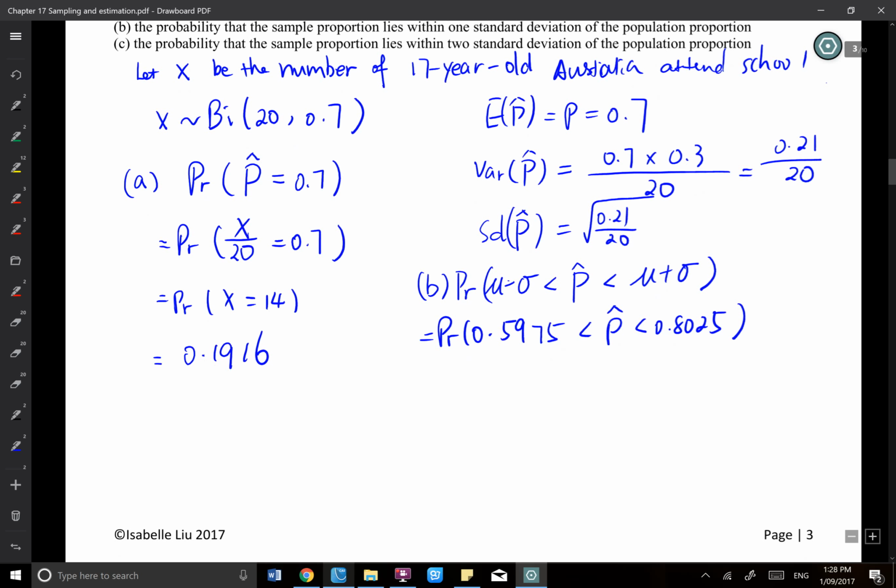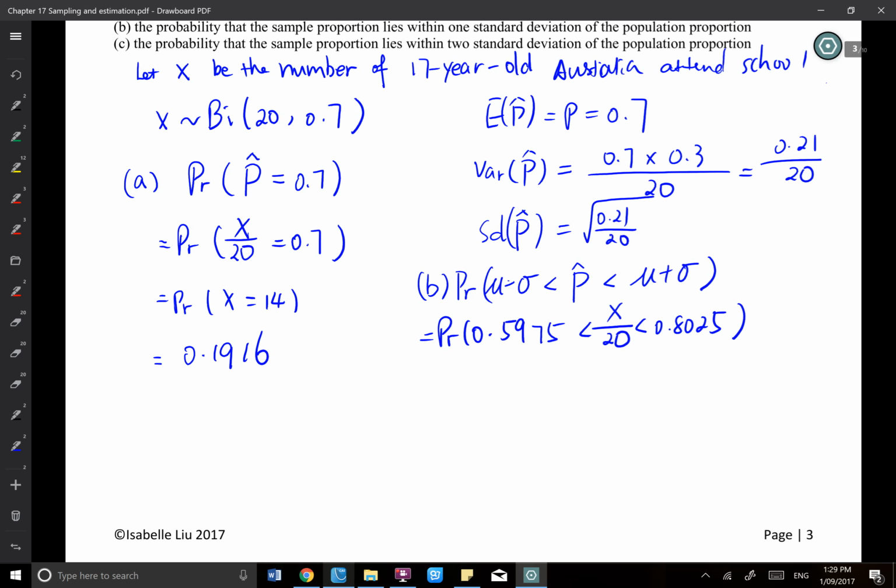Okay, now I know what the proportion of p hat should be, I'll change my p hat into x over 20. I always try to put that into the binomial distribution, back to x.